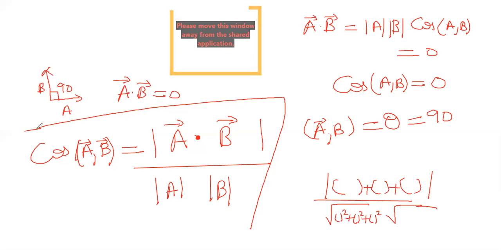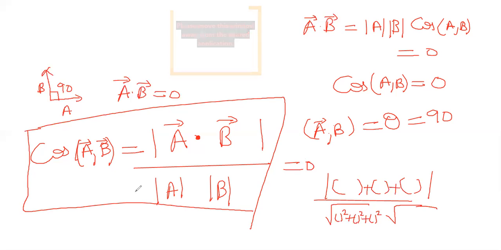Now if this becomes 0, no need to worry about the denominator. Simply, dot product is 0 means cos theta is 0, and cos theta is 0 means theta is 90 degrees. Is this understood? So we have to check whether that applies to this situation or not. Okay, let us check that. How do we check that?